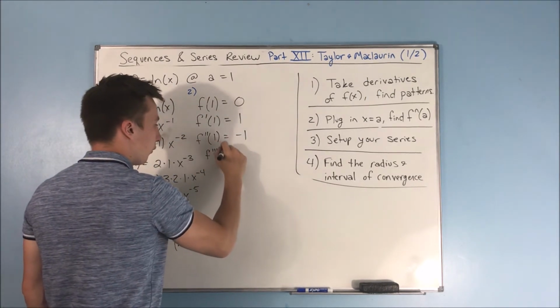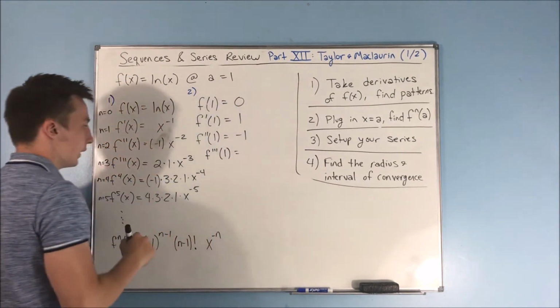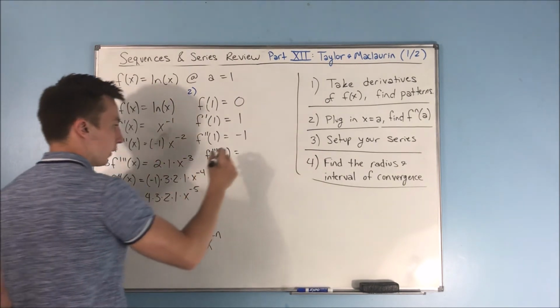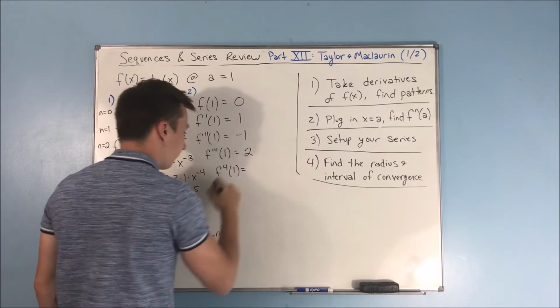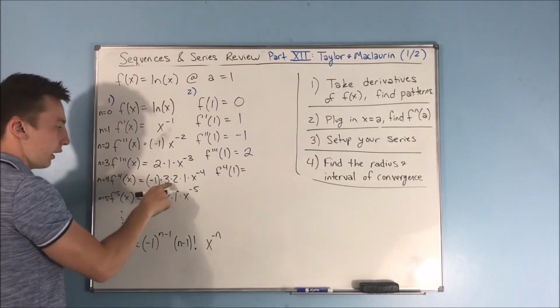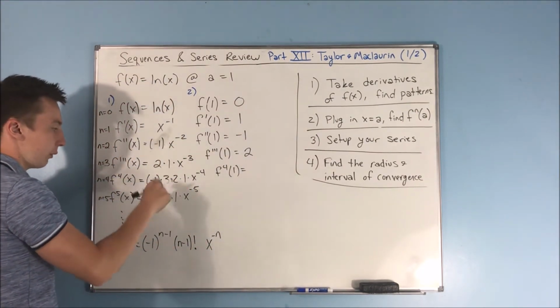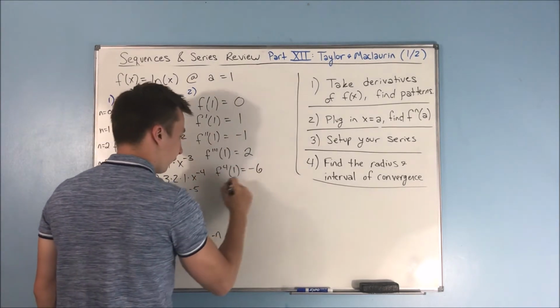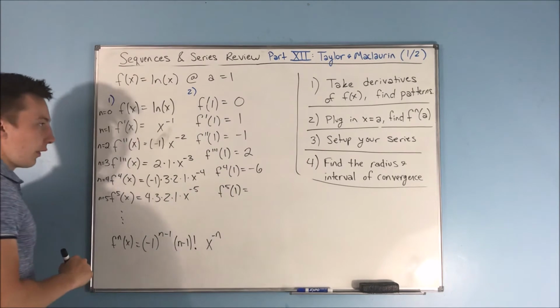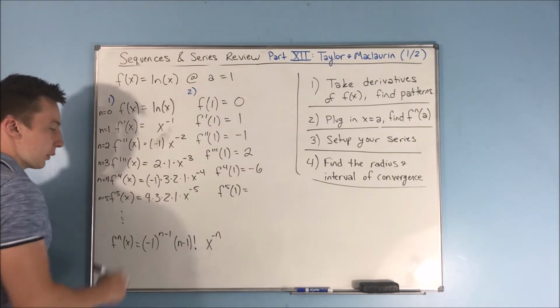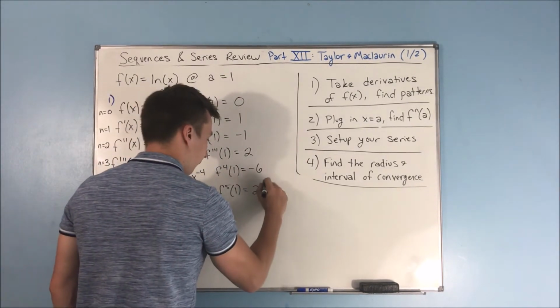F triple prime of 1, you're going to get just 2 times 1. The fourth derivative gives you a negative 3 factorial times 1, which is negative 6. For your fifth derivative, you get 4 factorial times 1, so that's going to be 24.